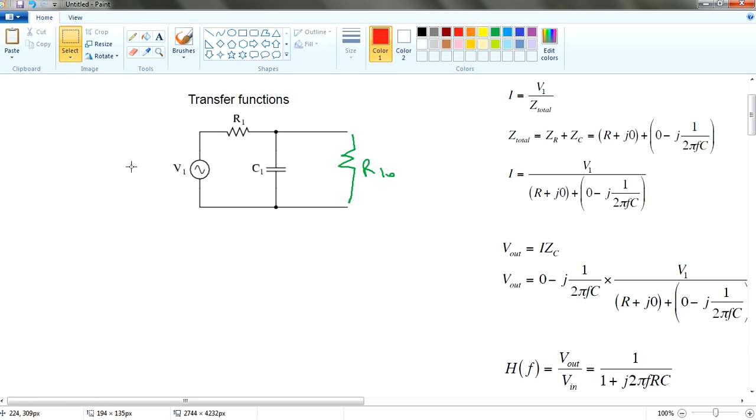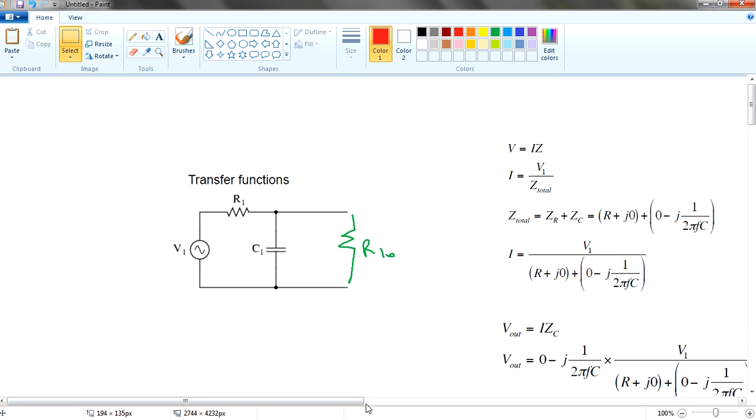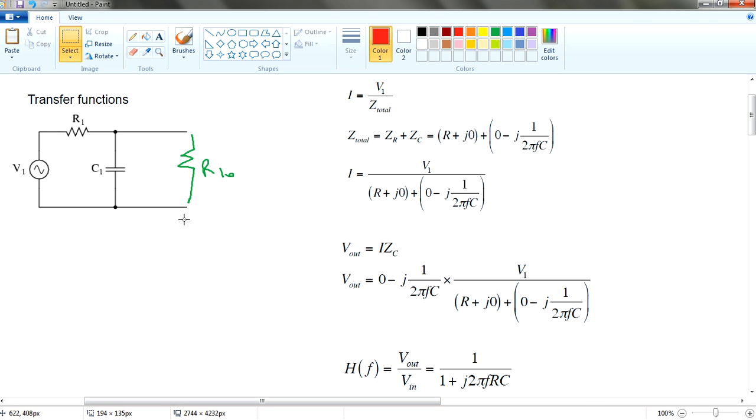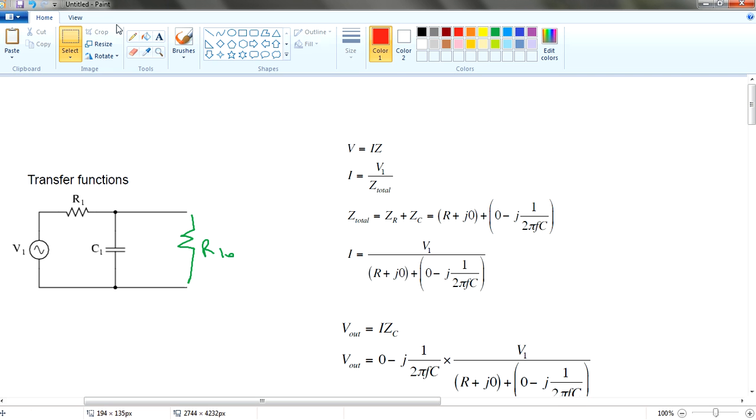With the understanding of this, you can understand how the transfer function works. You know that V is equal to IZ, where Z total is equal to ZR plus ZC, in series.